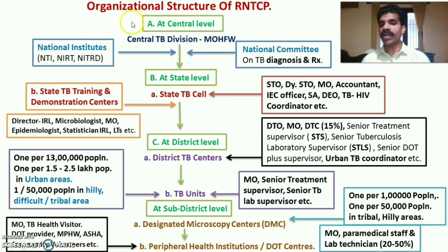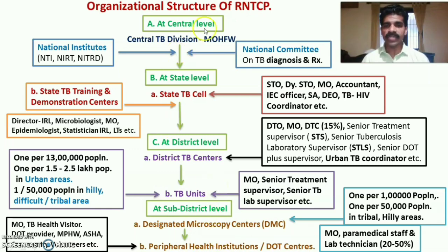So in short, the organizational structure of RNTCP has 4 levels: at central level, at state level, at district level and sub-district level. At central level, we have only one organization structure or administrative structure, but at state level, we have two organization structures. At district level also we have two, and even at sub-district level we have two.